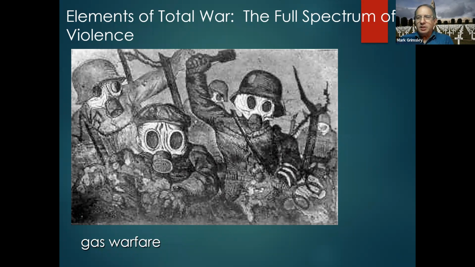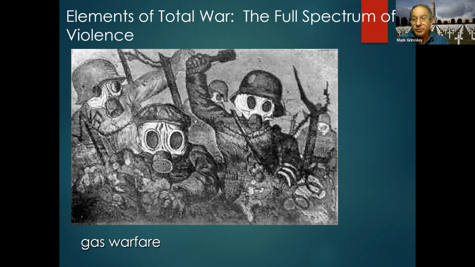During what's called the Second Industrial Revolution in the 19th century, in addition to the manufacturing of iron and steel and so on, you also get the beginnings of the modern chemical industry on a very large scale. And one of the things that emerges from this modern chemical industry is the rise of high explosive.